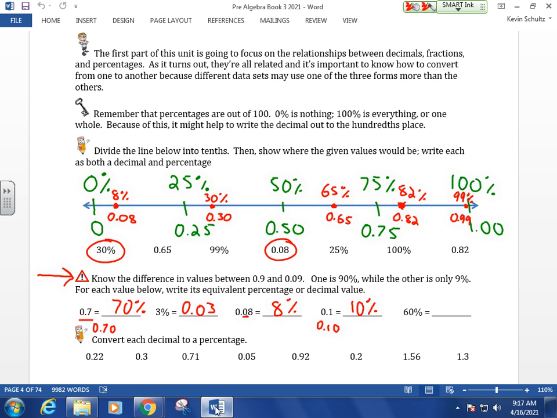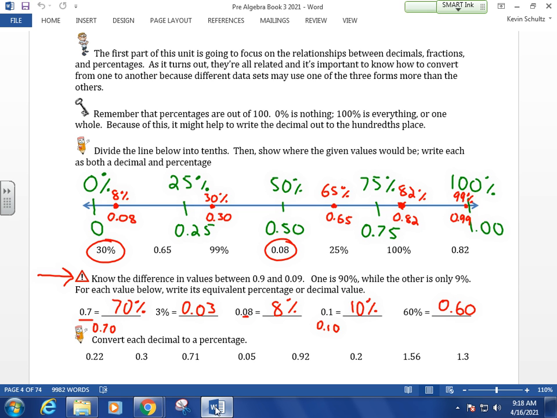Alina? 0.6. That's 6 being in the 10th place. If we put the 0 on, great. Then it's very clear. 0.60, 60%. Okay? But you won't always see it there because it's technically not necessary. Questions on this?